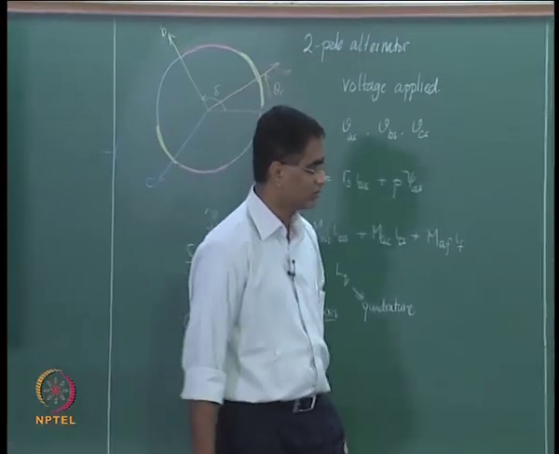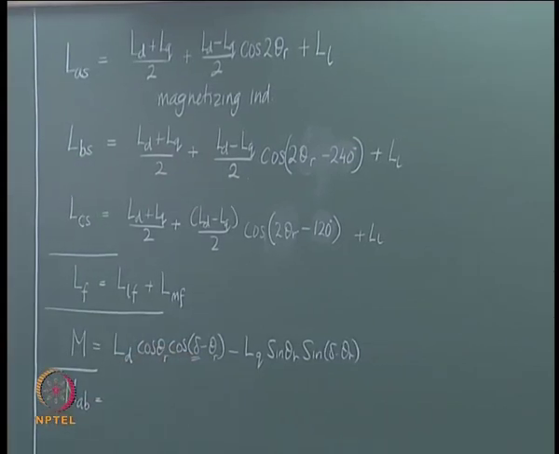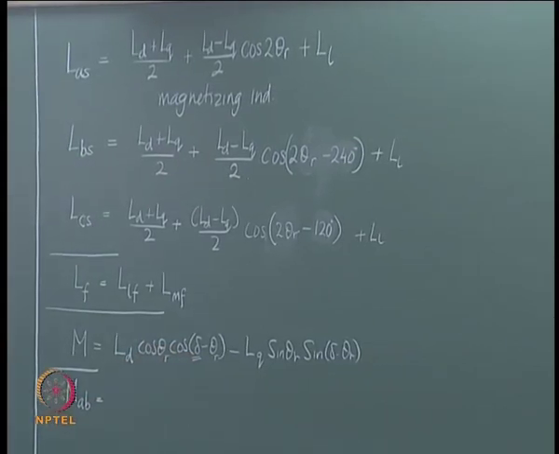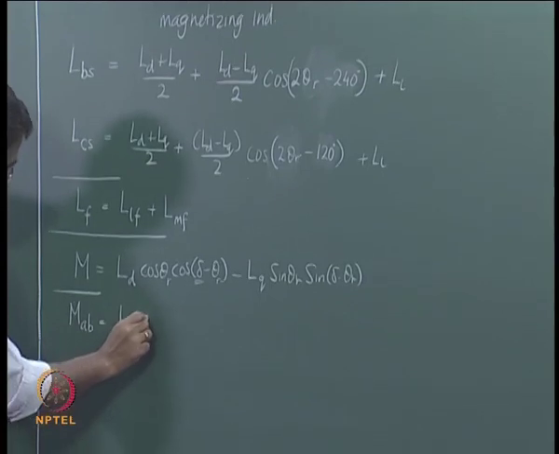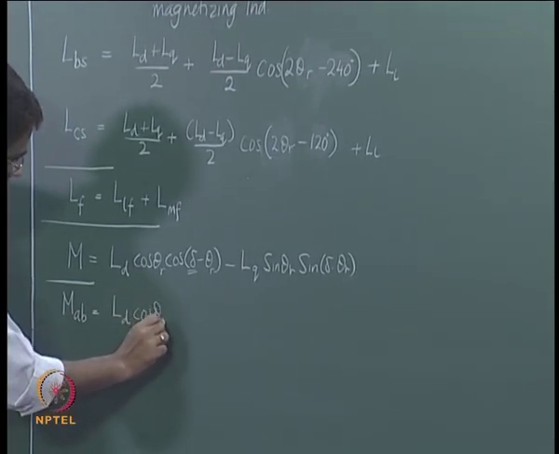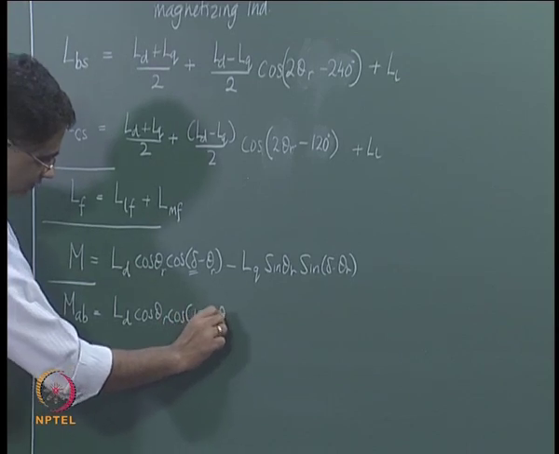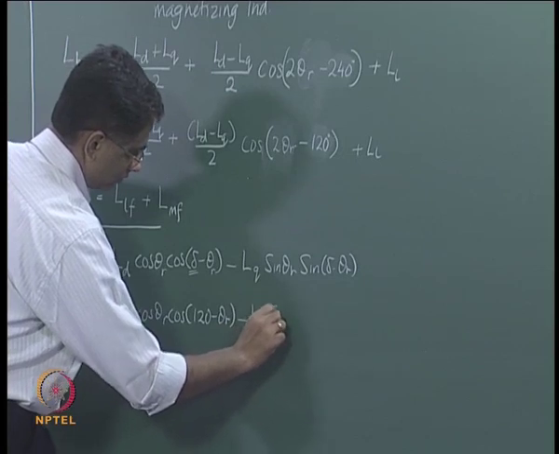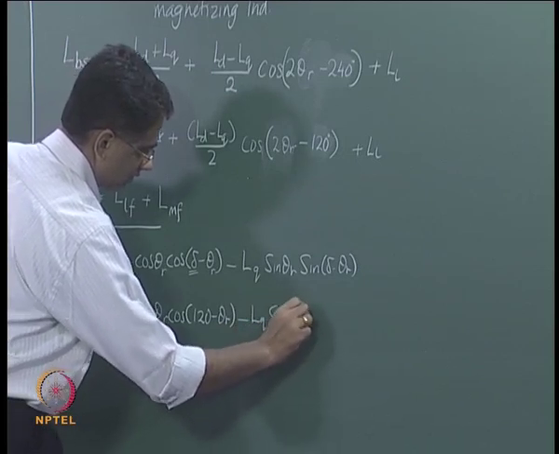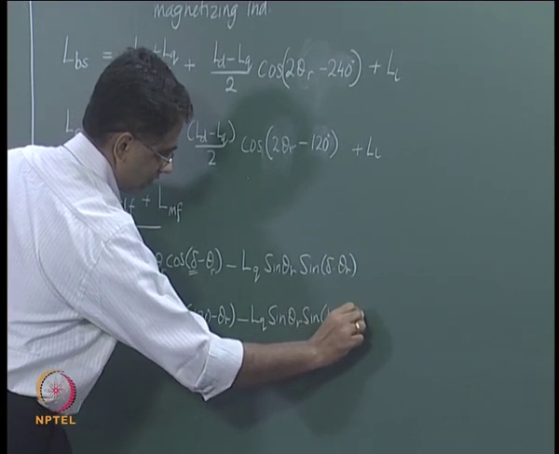All that we need to do is substitute delta equal to 120 degrees, because in a three phase machine the two axes are displaced by 120 degrees. So MAB is nothing but LD into cos of theta r into cos of 120 minus theta r minus LQ into sin theta r sine of 120 minus theta r.